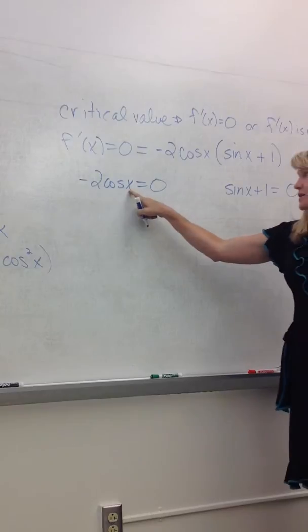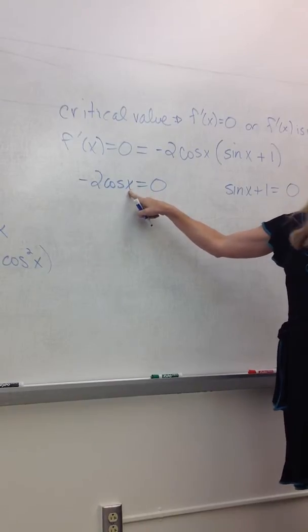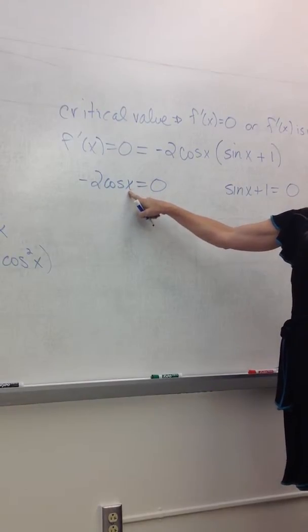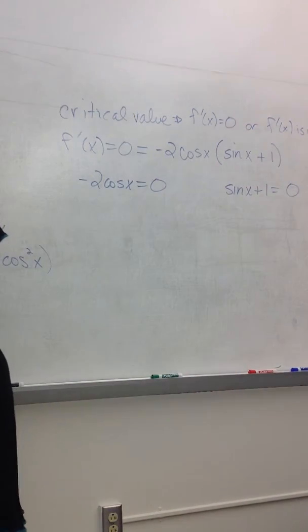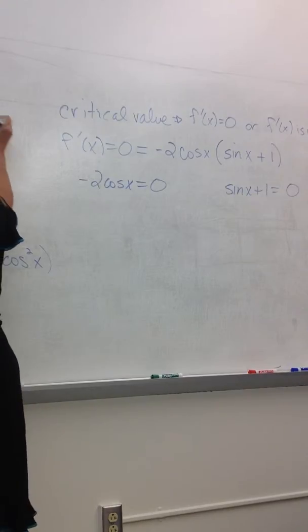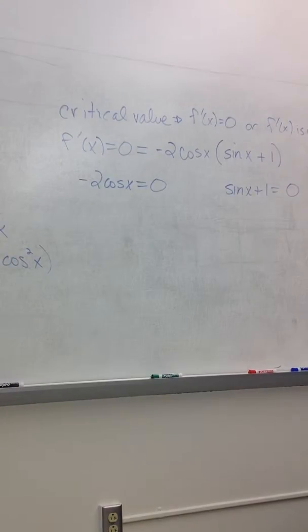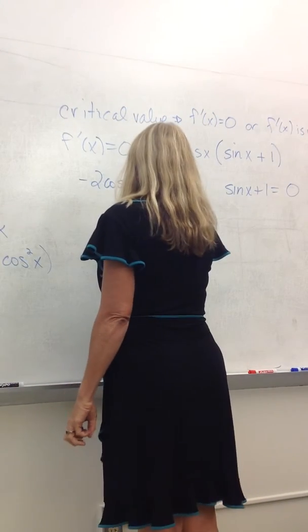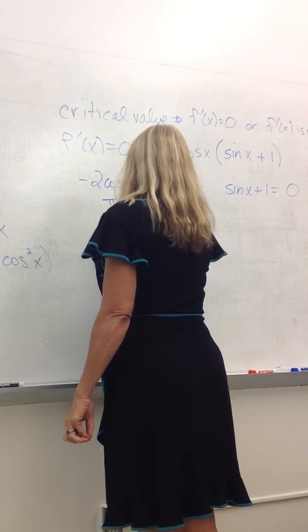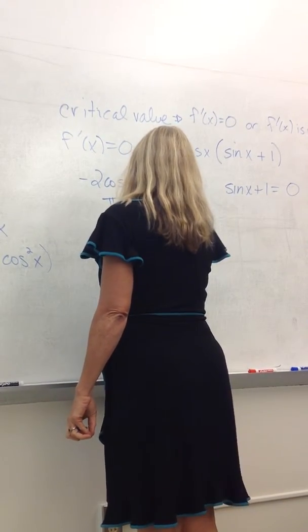So this occurs, and I think I didn't give you bounds on it, but if we don't have bounds, that graph repeats over and over again. So let's just do the problem from 0 to 2 pi. We're going to limit ourselves to just worry about from 0 to 2 pi. So cosine is 0 at pi over 2 and at 3 pi over 2.